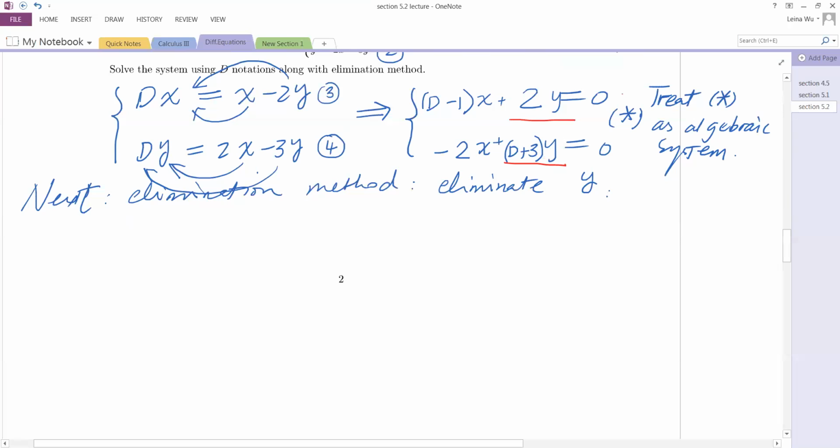Let's call these equation 5 and equation 6. Let's make them the same coefficient. So I'm going to do equation 5 multiplied by (D plus 3), and equation 6 multiplied by 2.